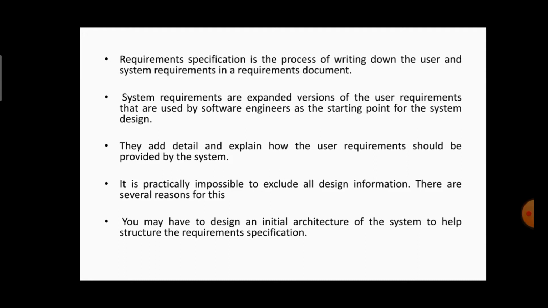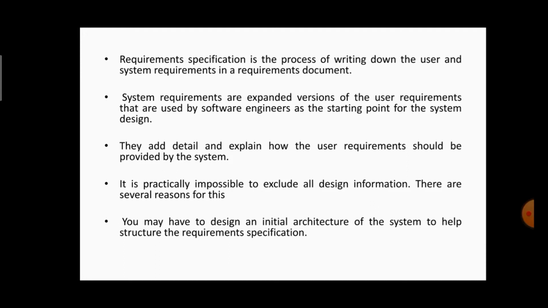And one more important thing, system requirements. The system requirements may be the expanded versions of user requirements, and they can be used as the starting point for the system design. You know that the output of the requirement collection process is used as the input for the design step.